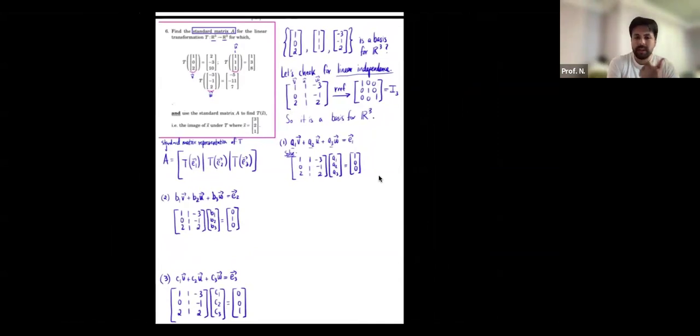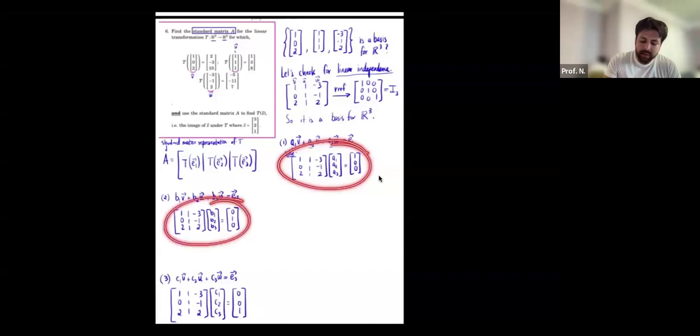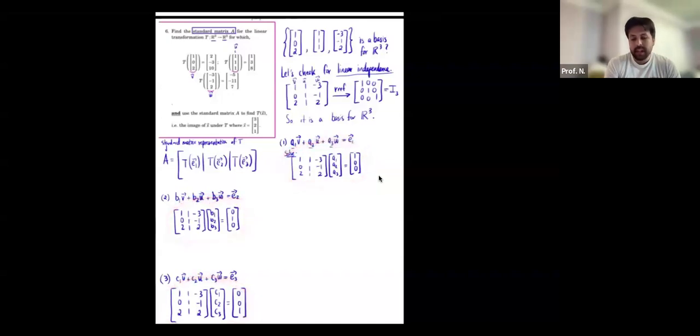So I check for a basis. I know the images of a basis. I'm going to rewrite the standard basis vectors in terms of the other bases. To do that, I have to solve 3 systems of equations. And I can solve them because these vectors are all linearly independent.